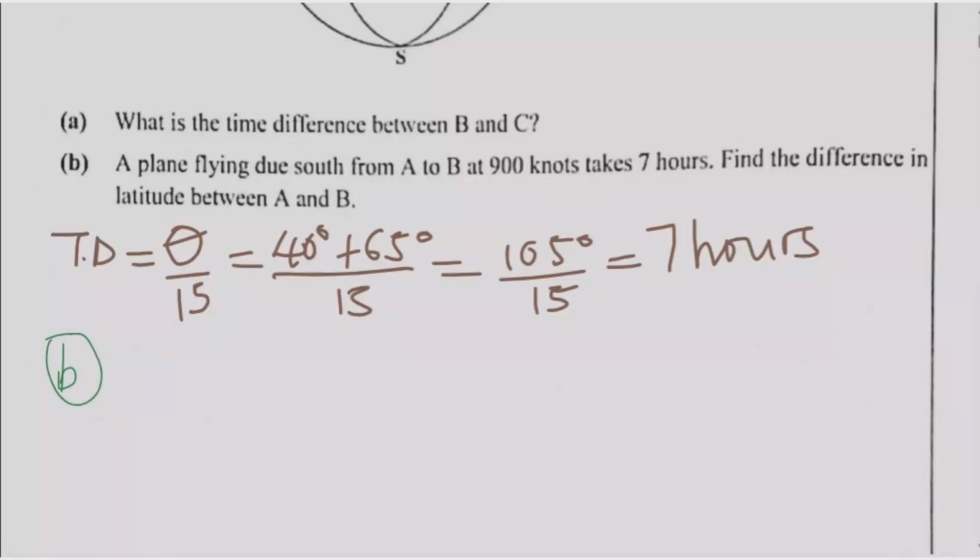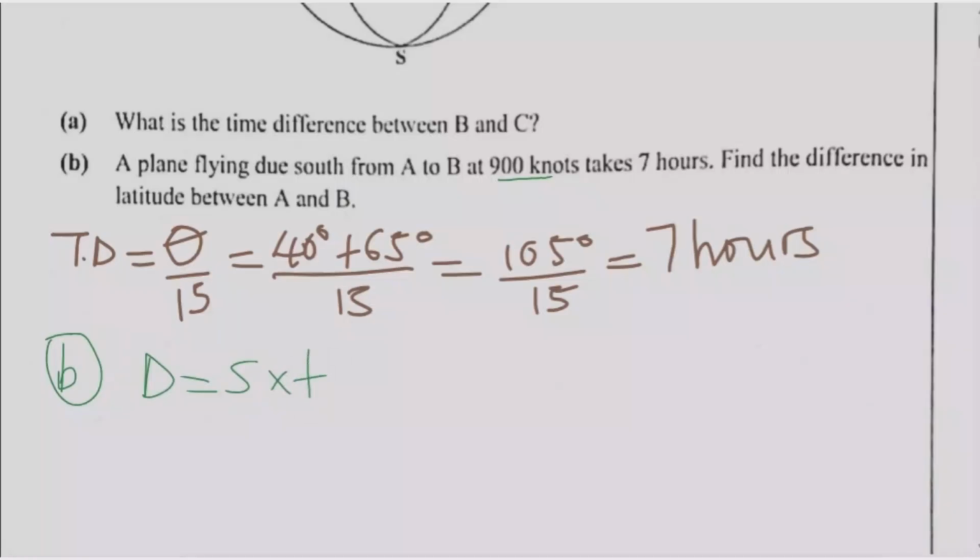When the speed is in knots, that means the distance is in nautical miles and time is in hours. So first we find the distance. Distance is equal to speed times time.